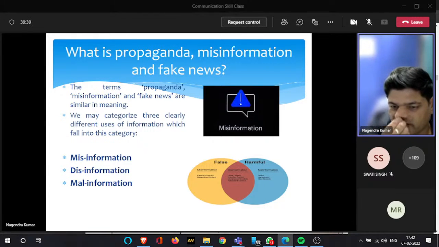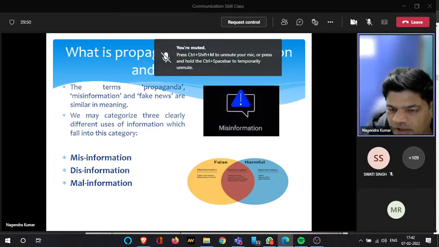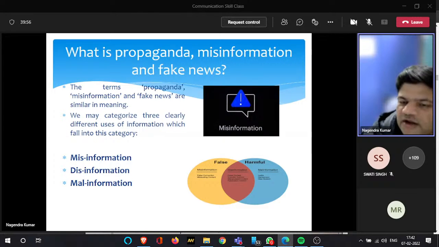Disinformation means false context, and we can also say imposter context or manipulated context or fabricated content. Now the thing is, the content is completely fabricated. There is no truth in that.